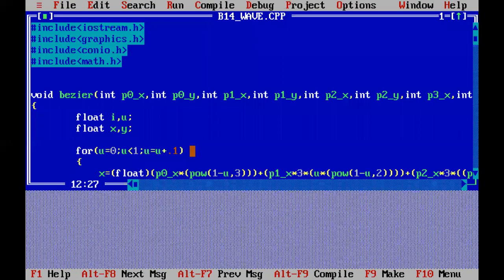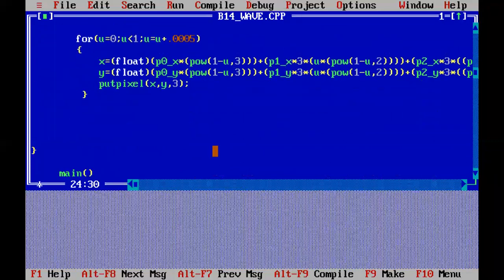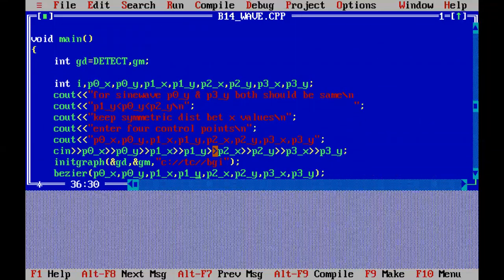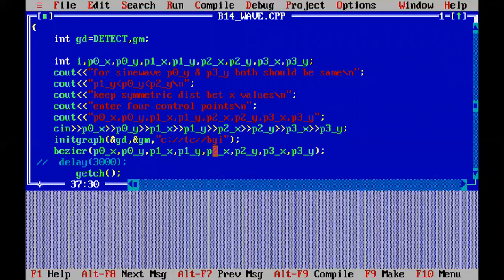Okay, so now here we'll increment u likewise, so we'll get number of pixels and we'll get the sine wave over there. Also we can see the control points over there. So for that we have to just draw the control points here.